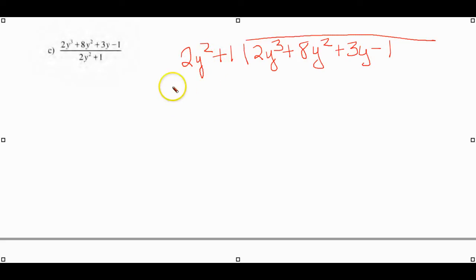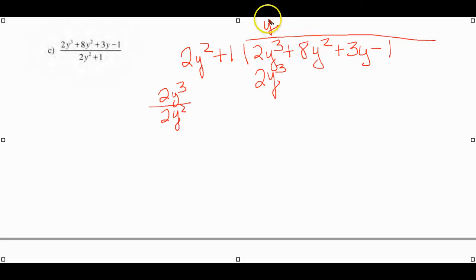Okay, our first thing is we have 2y cubed divided by 2y squared. And that will go in y times. So now we do our multiplication. 2y squared times y is 2y cubed.